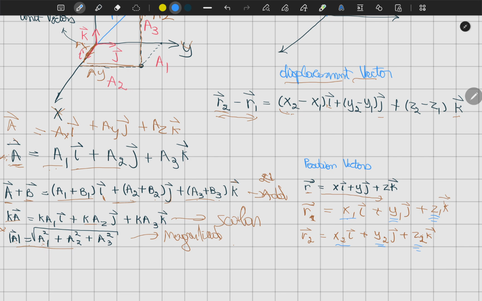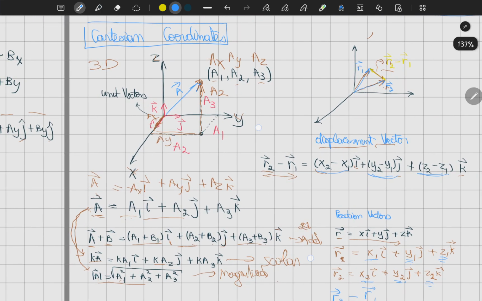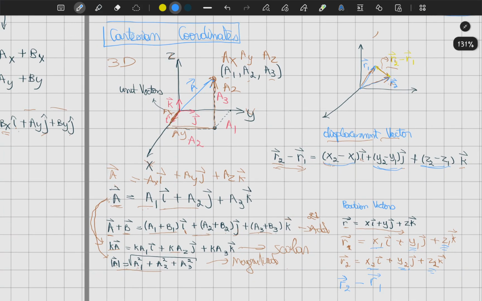Since it will be r2 negative r1, this vector will be x2 negative x1, that's what you see here, y2 negative y1, this is what you see there, z2 negative z1, this is what you will get there. So this is what you see on the displacement vectors.